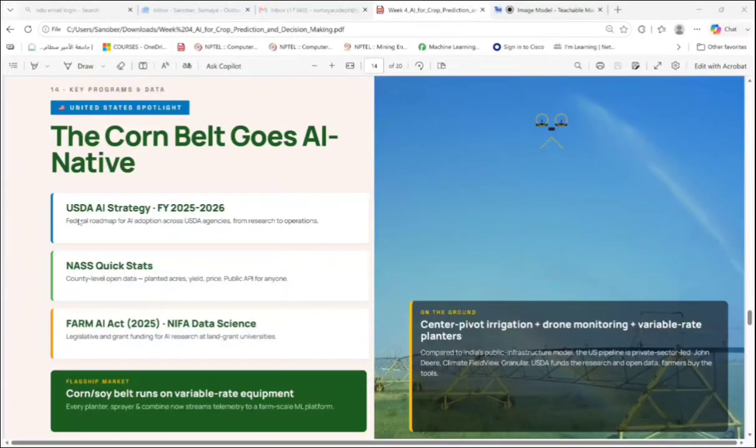So they do not have direct involvement of the government, but they do have government agencies that contribute through datasets, research grants, and national agricultural statistics, right? So India's approach has strong public infrastructure components, and the United States relies most heavily on private sector platforms supported by federal research and open data. So this is a kind of transition between these two countries, showing how AI is being implemented.